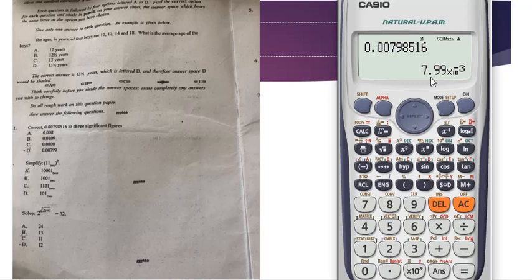From the onset you could notice that this is 0.00799, but in case you don't know that, all you have to do is click on shift, click on eng, click on shift, and click on eng again. You will notice that it will change to 0.00799. So from here you can notice that truly the answer is D. Yes, the answer is D. Now let's proceed.